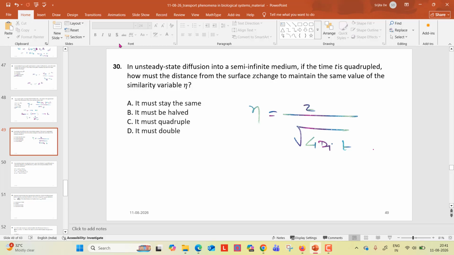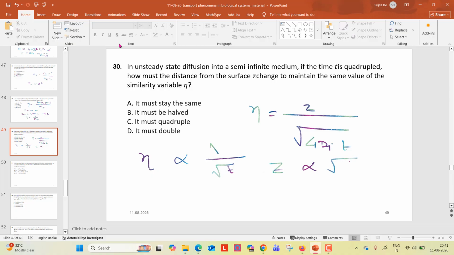So eta is proportional to 1 by root t, or Z is proportional to root t, right?